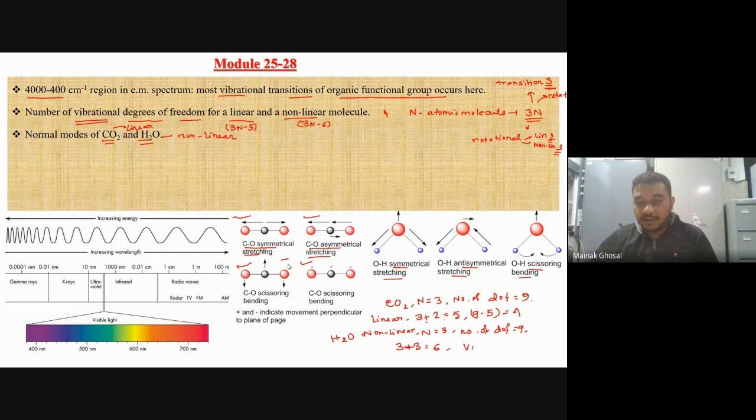So vibrational will be 9 minus 6, that will be 3, and you see here only 3 vibrations. So from that you can easily guess, for any non-linear molecule or for a linear molecule, how many different types of vibrational modes are possible. You can predict that.